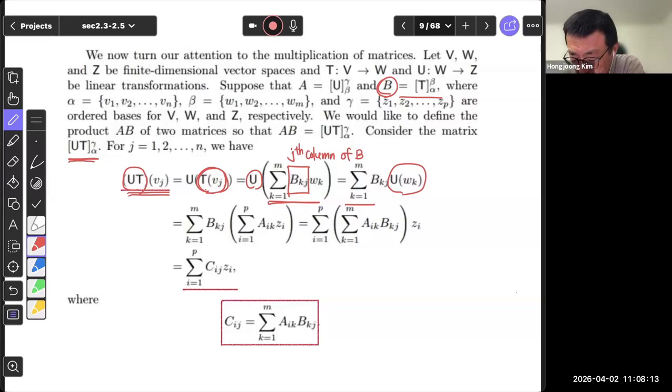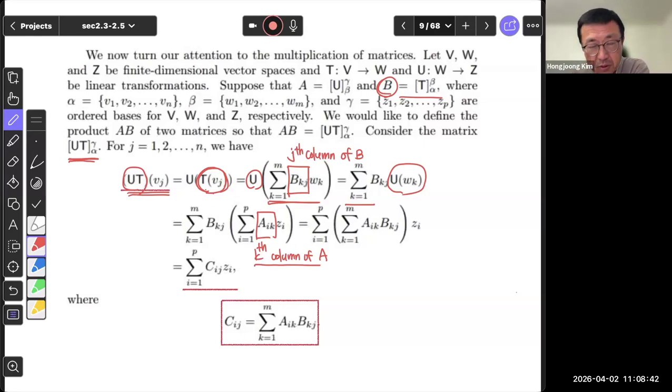By the same reasoning, you need to consider the kth column of the A matrix, and then you can consider the linear combination with respect to gamma, using these numbers as the coefficients. So eventually we get this expression.